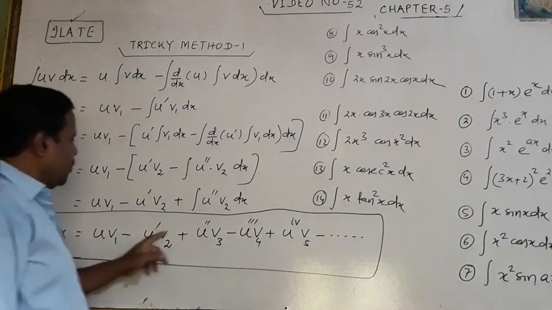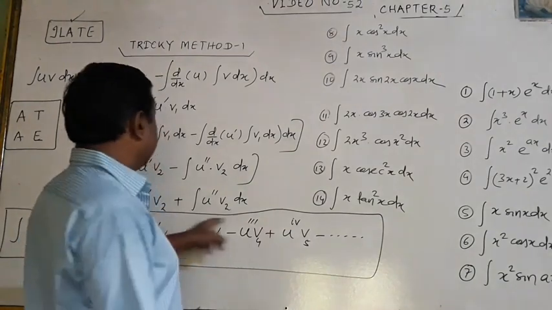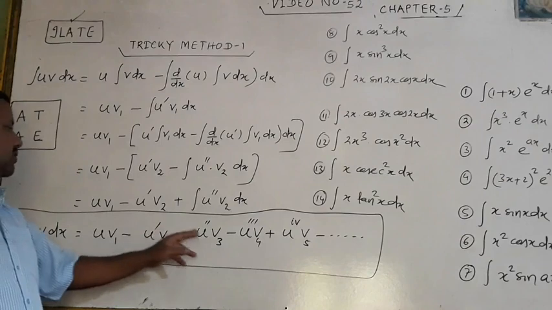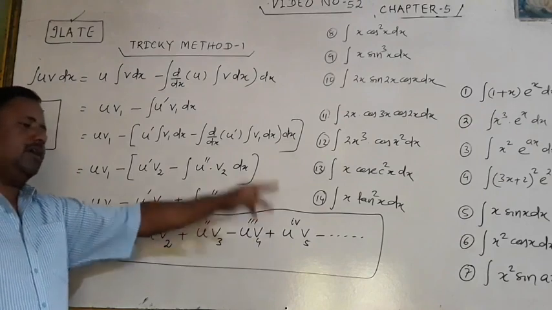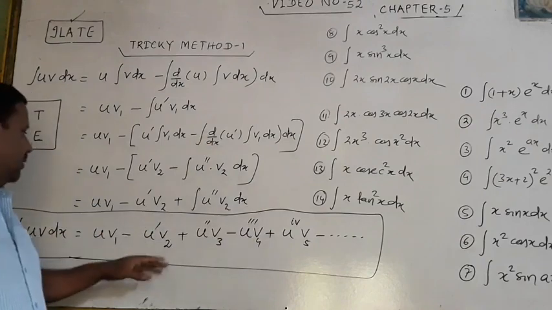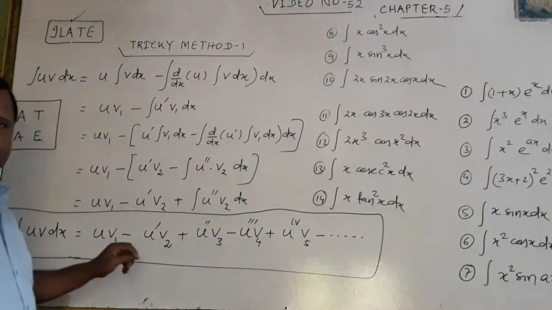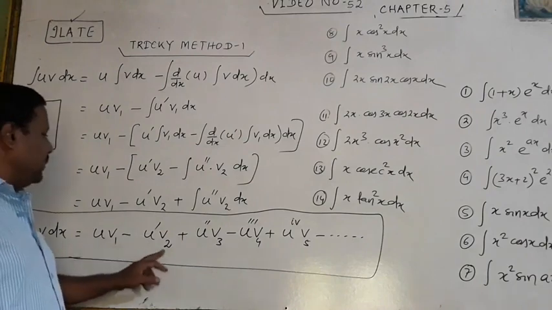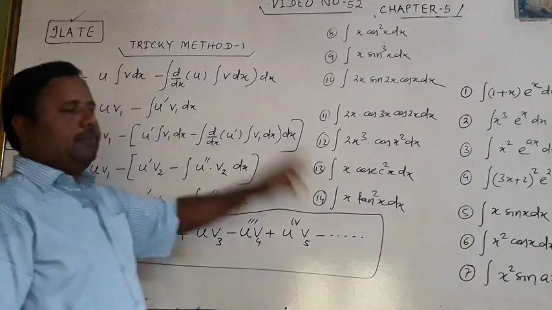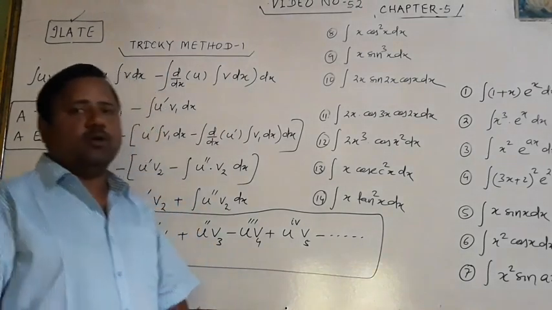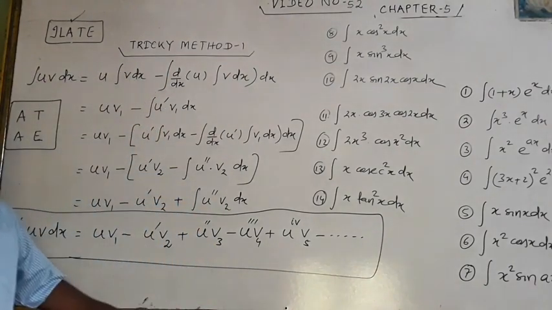So for you, I am writing the upper subscripts in a dash manner: that is u, u dash, u double dash, u triple dash, u iv and so on. For v, I am writing digits, that is v1, v2, v3, v4, v5 and so on. If you remember this, then you can do these problems within 2 to 3 lines only.